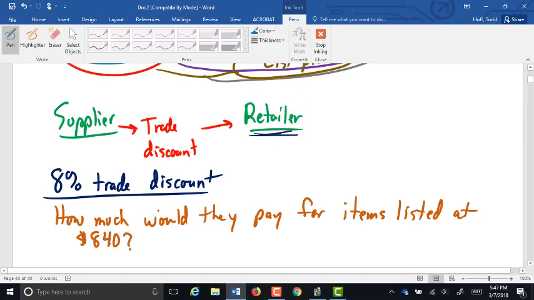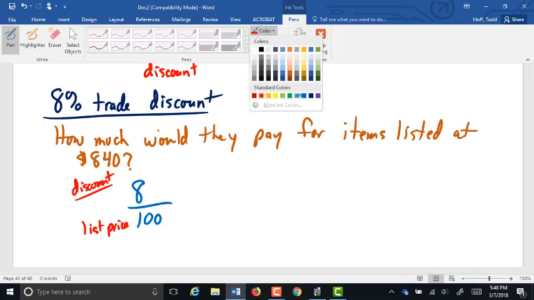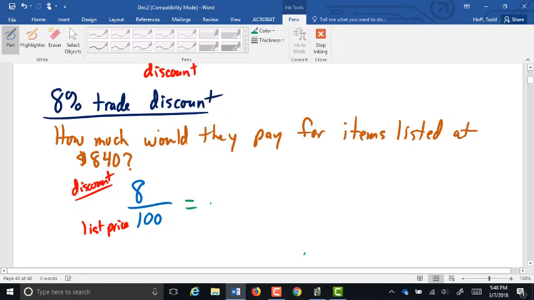Well, there's a couple of different ways we can look at this. We can find our 8%. 8%, of course, is 8 out of 100. Remembering that the 8 represents the discount. The 100 is the full amount, which in this case is the list price. So that means as I set up my proportion, $840 is my list price.